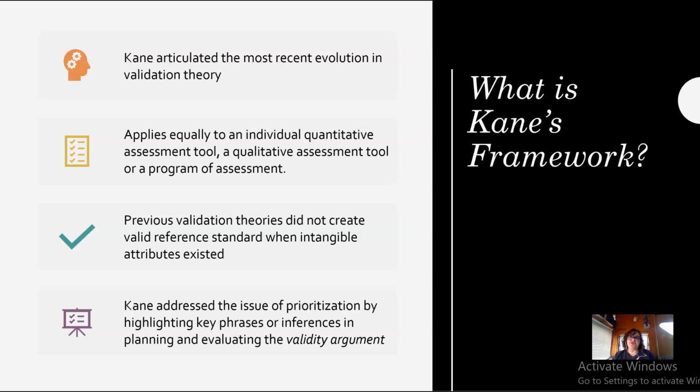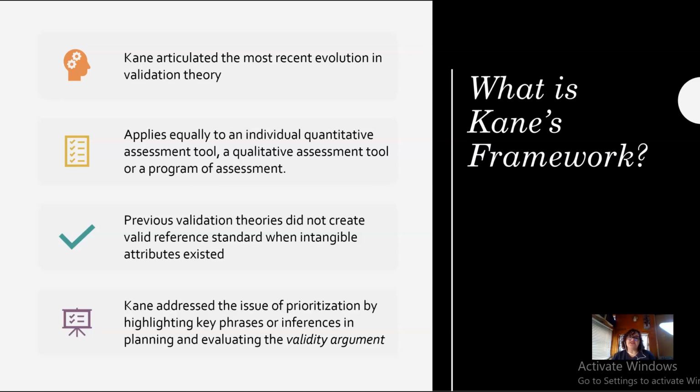Kane is a researcher who developed the most recent validation theory, and Kane's framework applies equally to individual quantitative, qualitative, and programs of assessment. And this is important because Kane's framework is different than previous validation theories that did not create a valid reference standard when intangible attributes existed, such as when we're looking to evaluate professionalism.